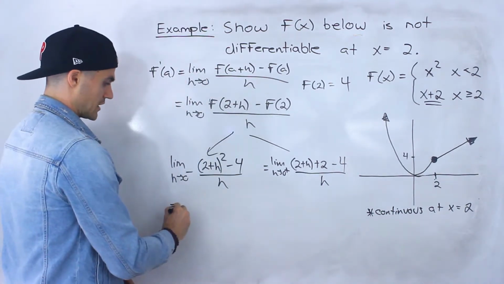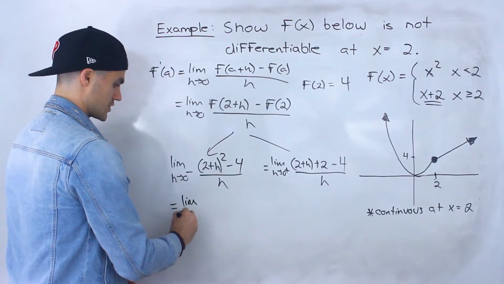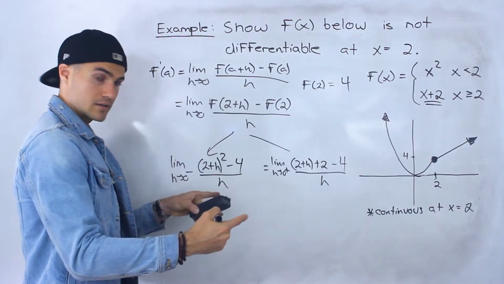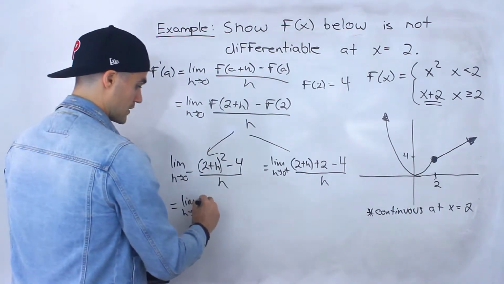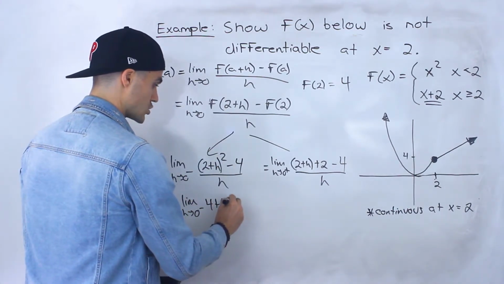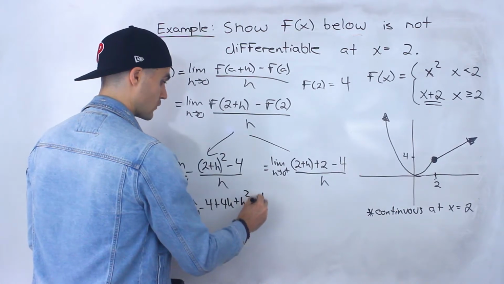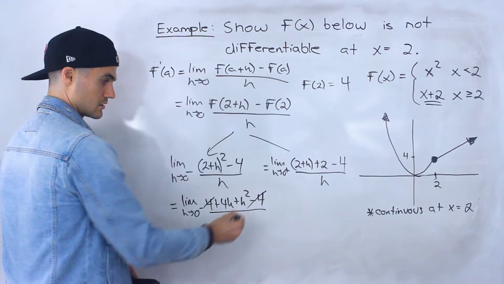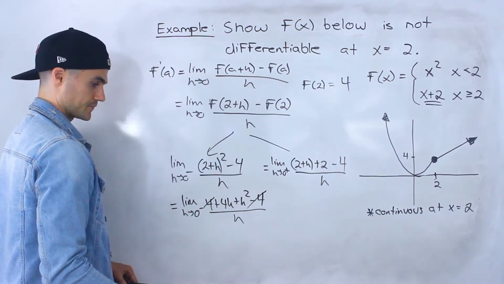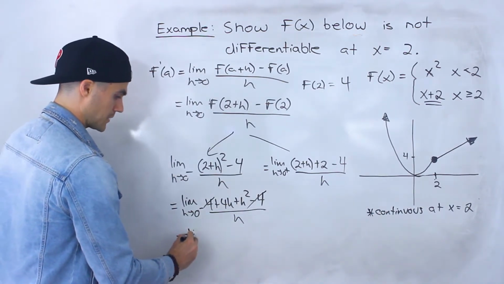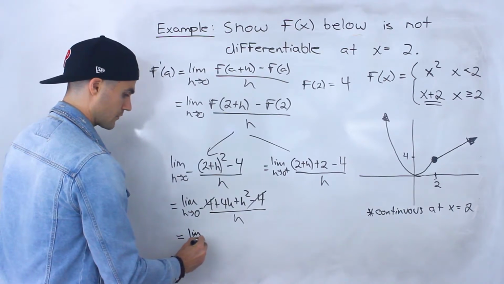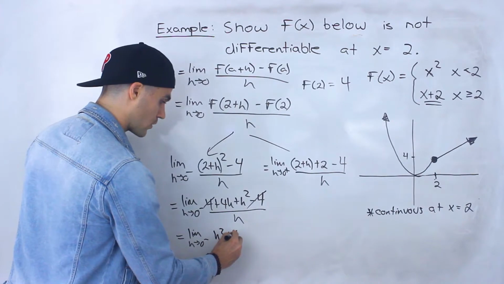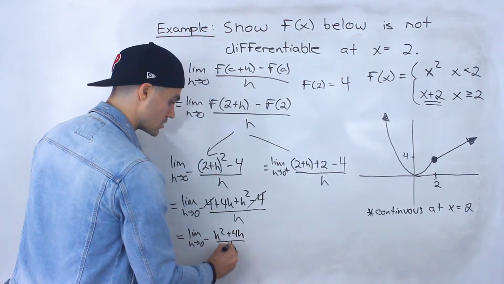And so what's going to happen here for both of these, check this out. 2 plus h squared, FOIL that out, that would be 4 plus 4h plus h squared minus 4, all over h. Notice the 4's cancel out. So we would have the limit as h approaches 0 from the negative side of h squared plus 4h all over h.